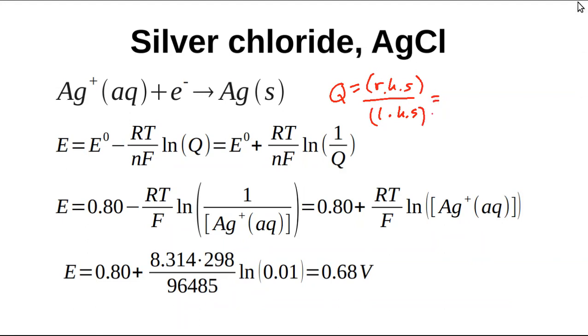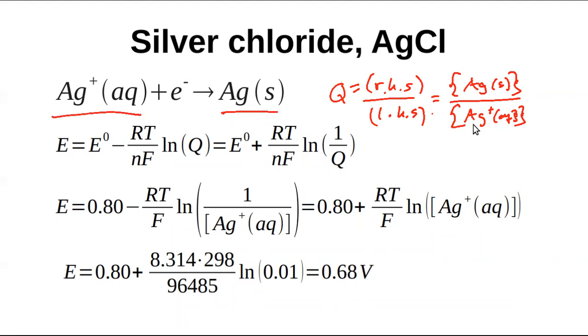And here it's the activity of silver metal divided by the activity of silver ions, because silver metal is on the right hand and silver ions is on the left hand.